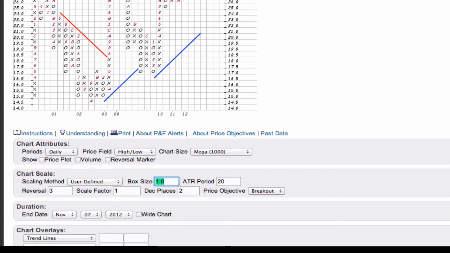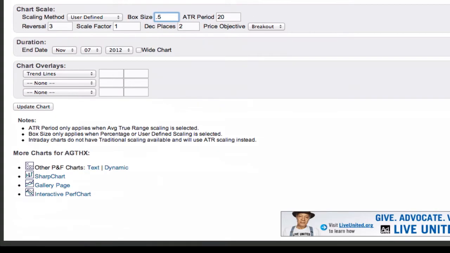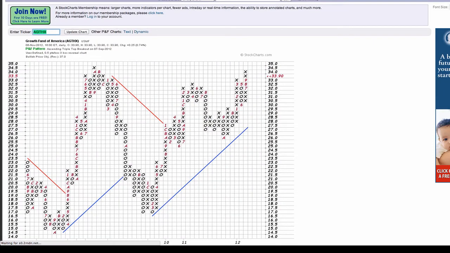Change that value to 0.5. Skip down past the box titled Duration and the box titled Overlay Charts to the button that says Update Charts. Click on Update Chart now.